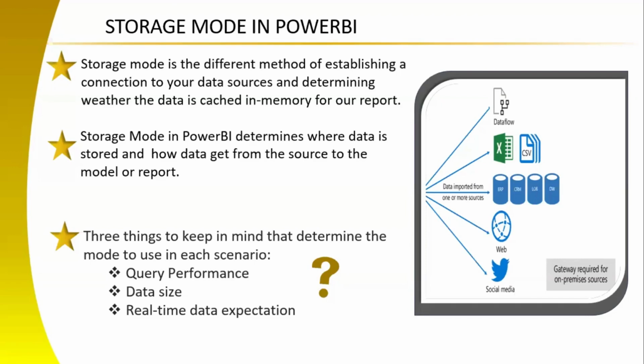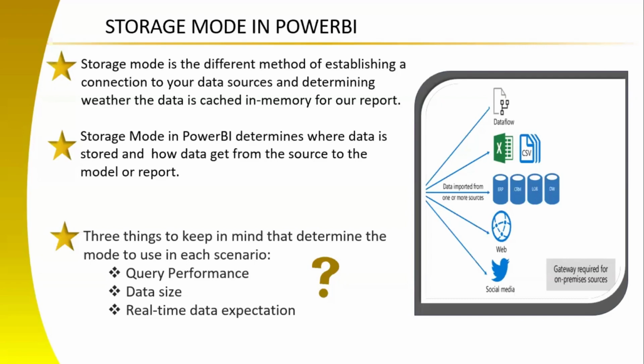The first one has to do with query performance. The second has to do with data size. And the third has to do with real-time data expectation. When we talk about query performance, we are saying how fast do you want your report to respond to the data that is being loaded into it.